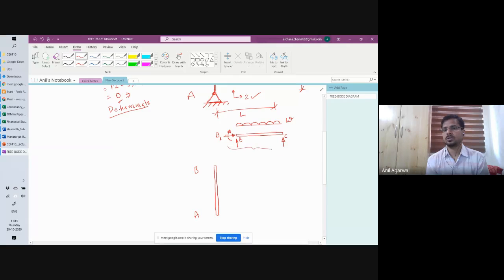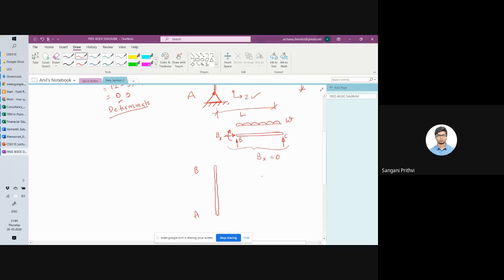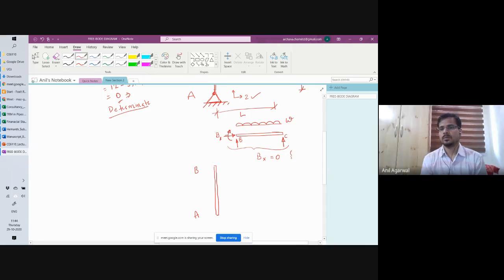And which Newton's law are we using here to say that Bx is 0? First law. Okay, from the first law. Okay, so this is 0.